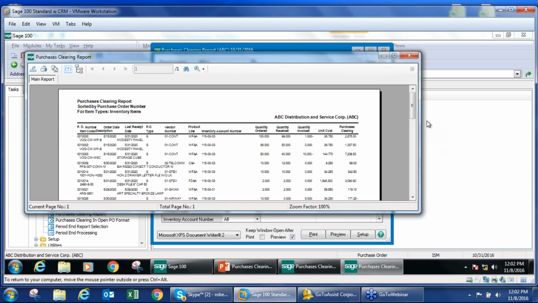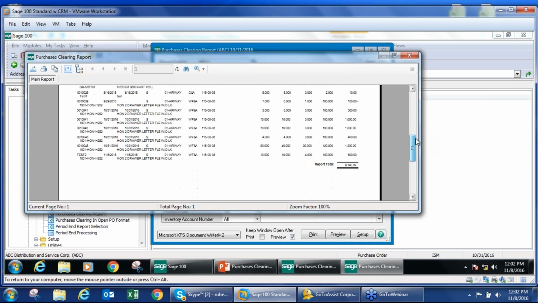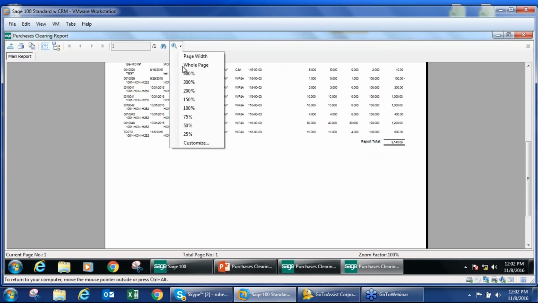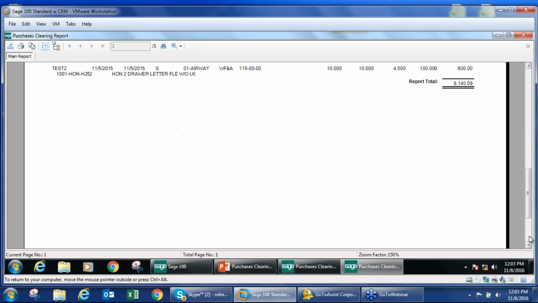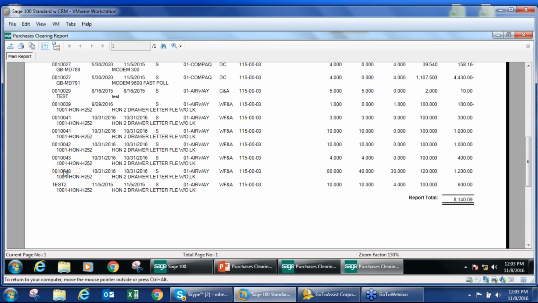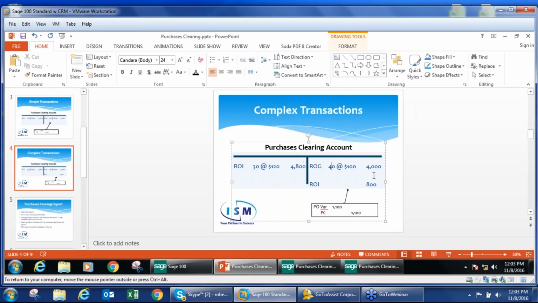So with the last unit cost, if we look at our PO 10048, we've received 40, we invoiced 30, and at the last cost of $120, we have a balance of $1,200 in our purchases clearing account. But wait, that's not right. With this transaction, we should have $800 sitting in our GL.